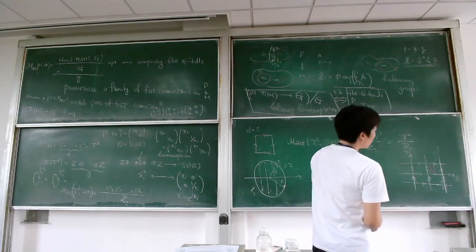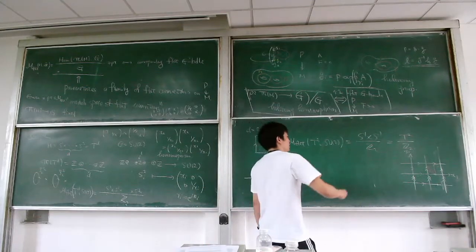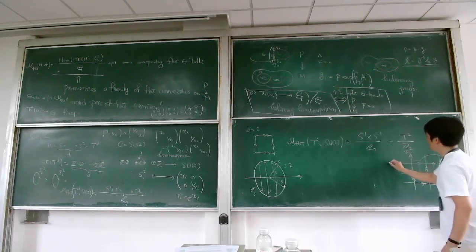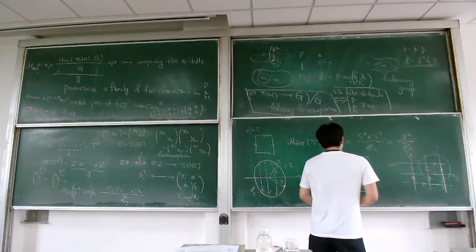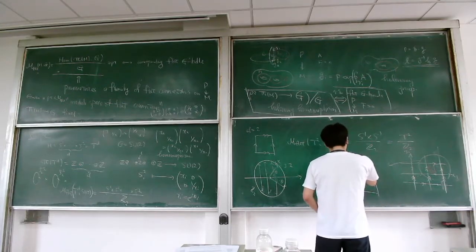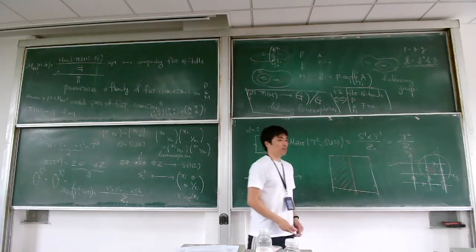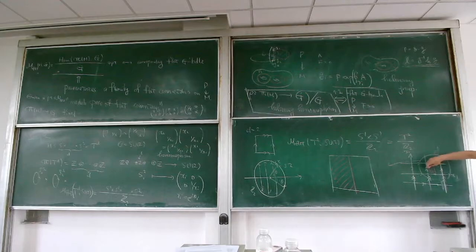I think I should write bigger. So let's zoom into this part a bit. And you have to be careful. So this middle point is identified with this middle point. Okay?